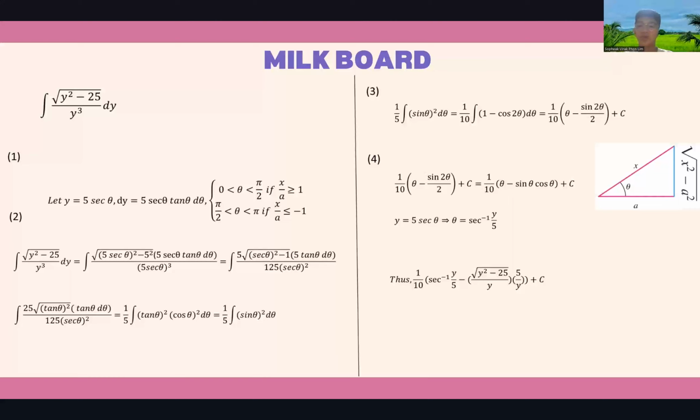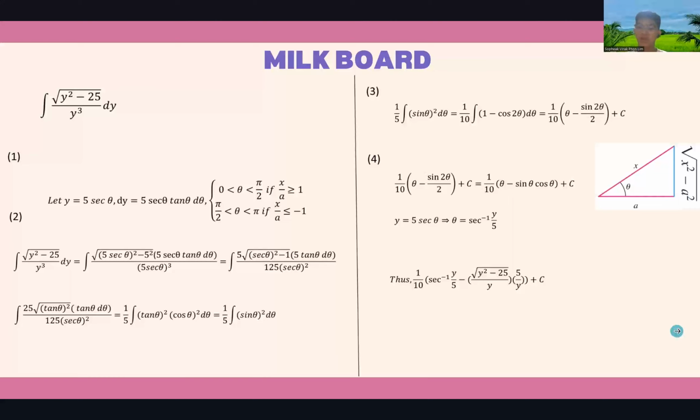So we just substitute it back in. We have the final answer of this problem, which equals 1 over 10 of secant to the power of minus 1 of y over 5 minus square root of y to the power of 2 minus 25 over y, times 5 over y, plus c. So this is the solution for the first example.